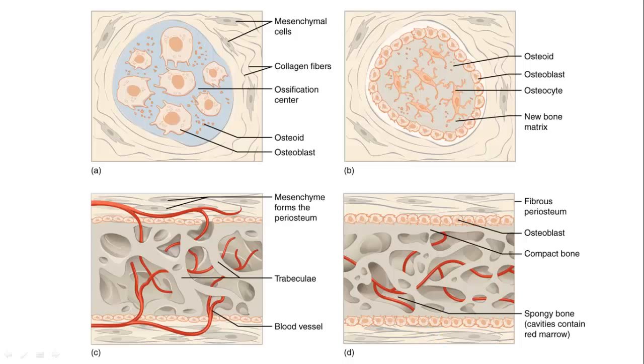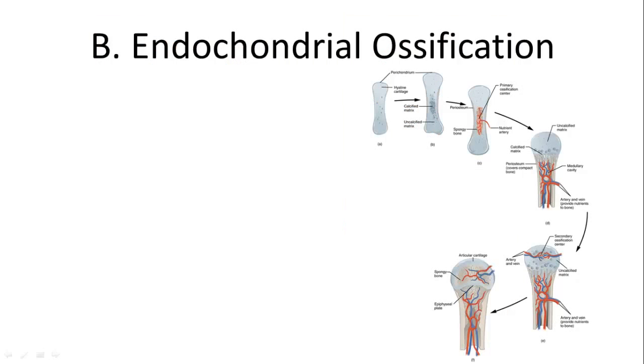So intramembranous ossification occurs in flat bones and irregular bones. Endochondral ossification then occurs in long bones.